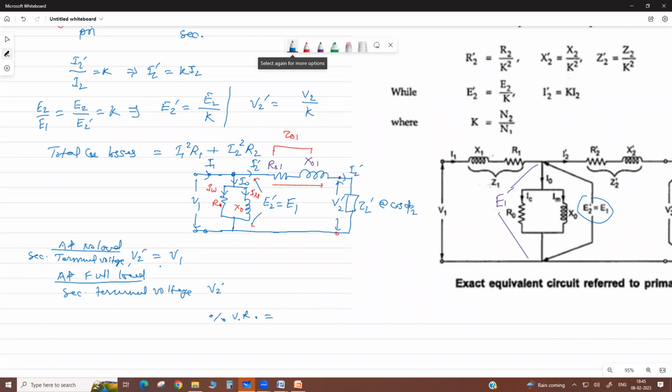The no load terminal voltage is V1, minus the voltage at load, which is V2 dash, divided with respect to your no load terminal voltage. Please always remember, because it is constant, divide by V1 into 100. This will give the percentage voltage regulation of your transformer as referred to primary side, when we consider these parameters. Now how do we transfer this?